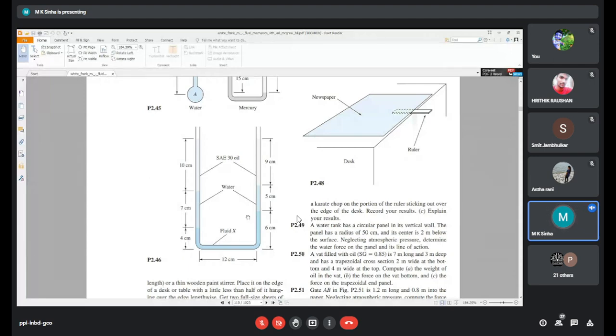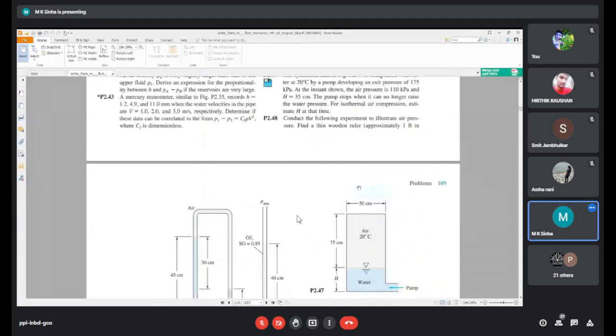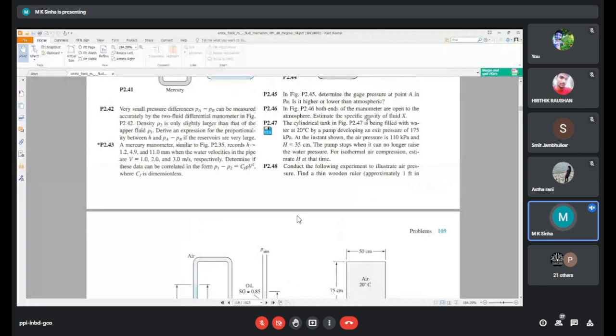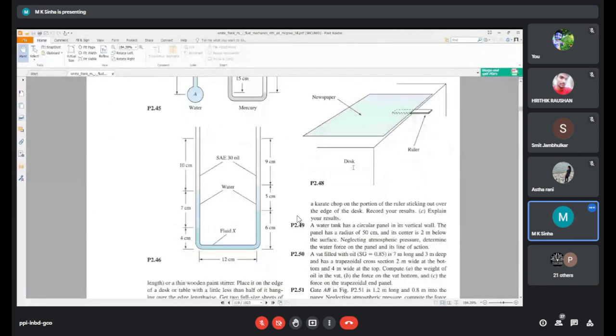You have to find out the specific gravity of the fluid X.